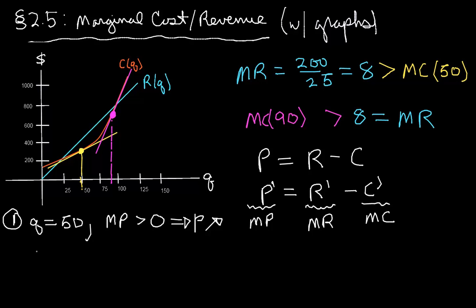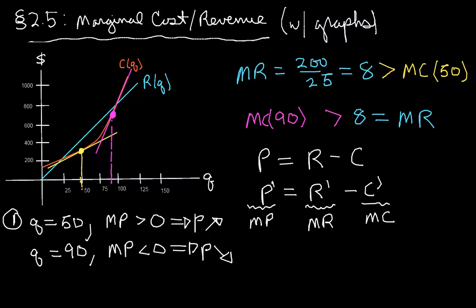Okay? How about at Q equals 90? This time the marginal profit is negative, and that's simply because the marginal cost is larger than the marginal revenue this time. I mean at 90. So this implies that at that point the profit is decreasing.